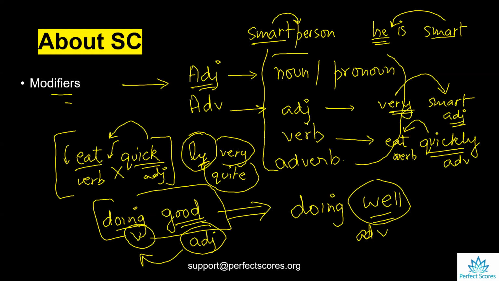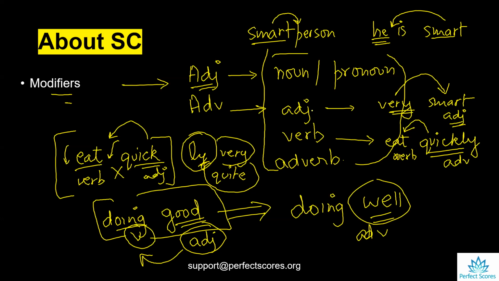And another general thing about sentence correction that I'm going to add here is that you don't have to always read each and every option in detail to solve the questions. Once you realize that there is an error, all you need to do is look at every other option that has the same error.